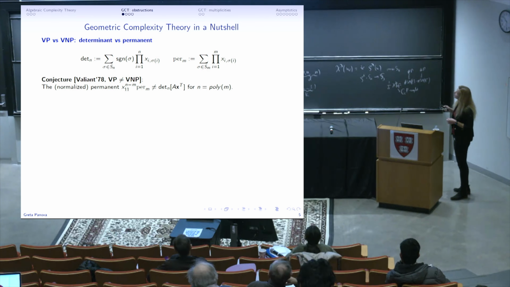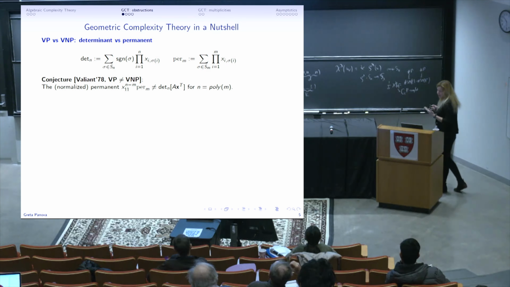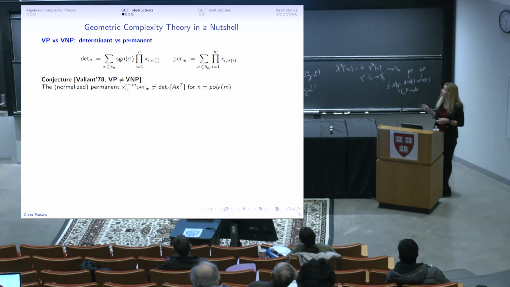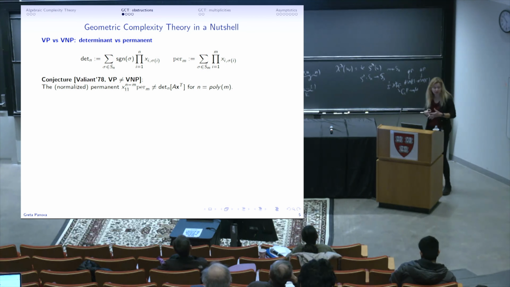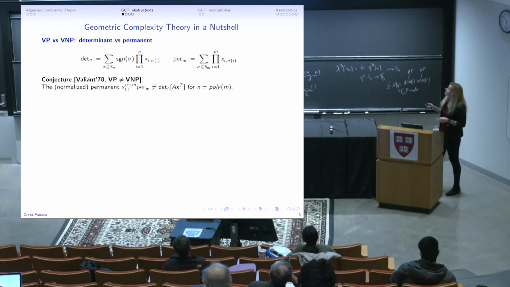This is what's called the padded permanent, where we can use any variable. It turns out that the same variable x11 to the power of n minus m is fine to equalize the degree. So we can get rid of the constant terms this way, and think of the entries in the matrix given as input to the determinant as linear forms in our variables.